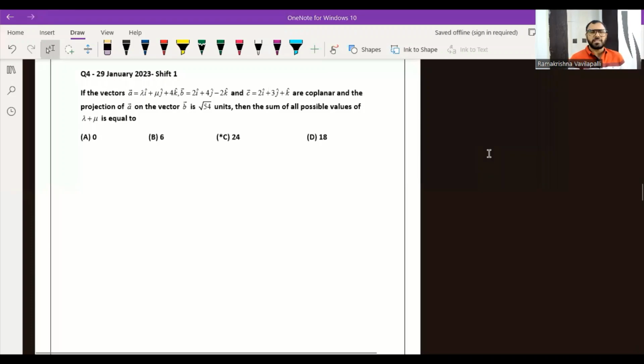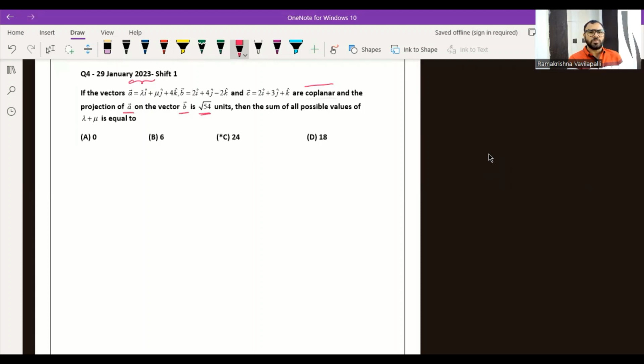So here is another question, mixed bag, asked in January 2023. So here two concepts are involved in this. One is if the vectors are coplanar. And after that, they are asking the projection of A bar on B bar is root 54.